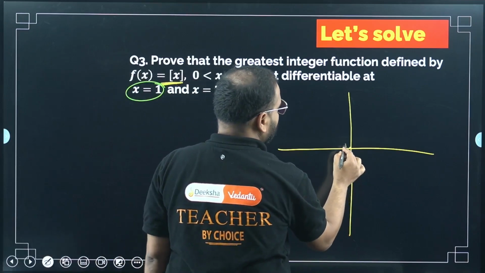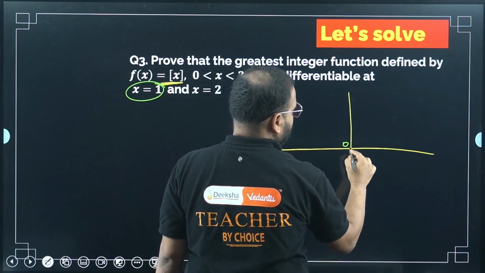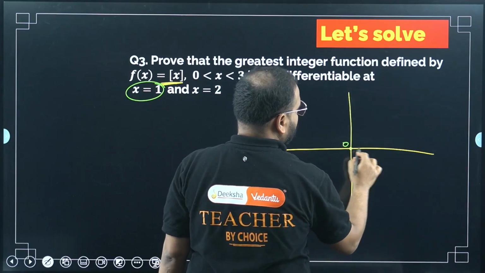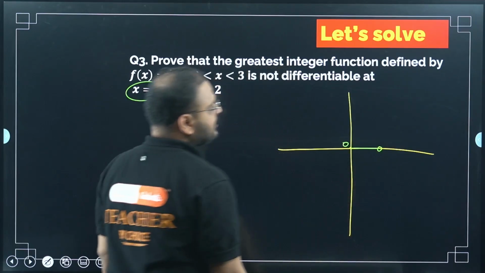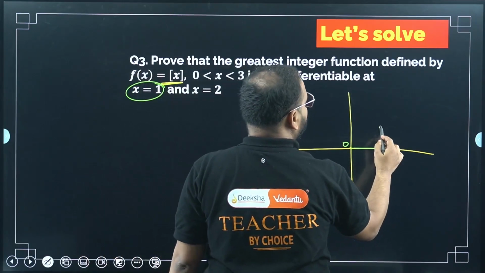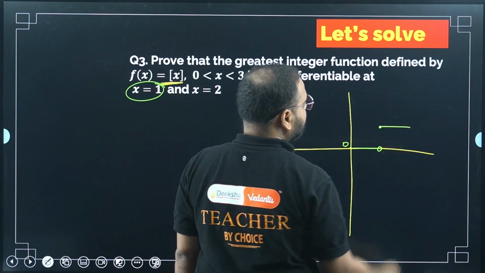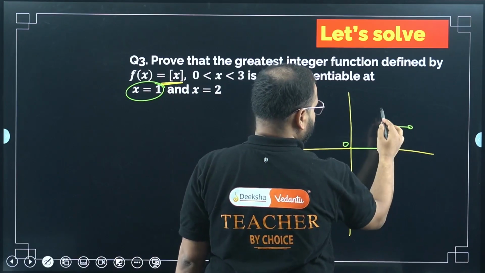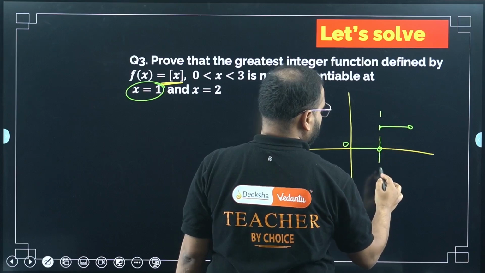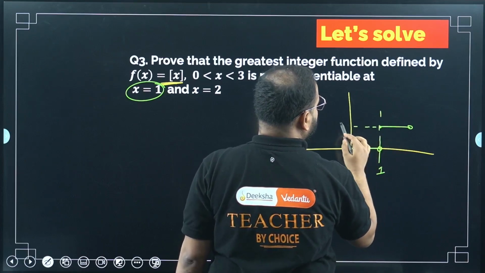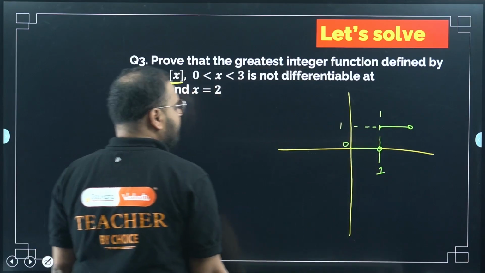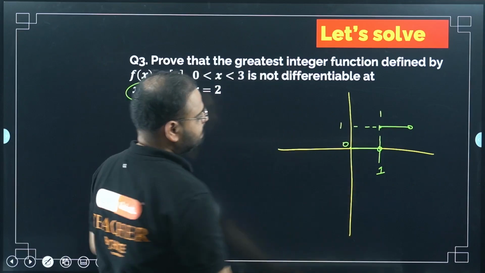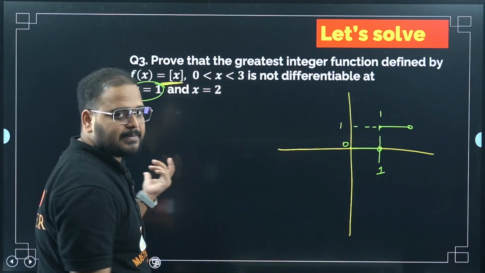Please check. Function at point 1 will look like this. Next one will be what? Correct. Now I'm doing for only this point, this point 1. Okay. This is 1. Alright. So if I check the left hand derivative, I can use the expression also. Not a problem.